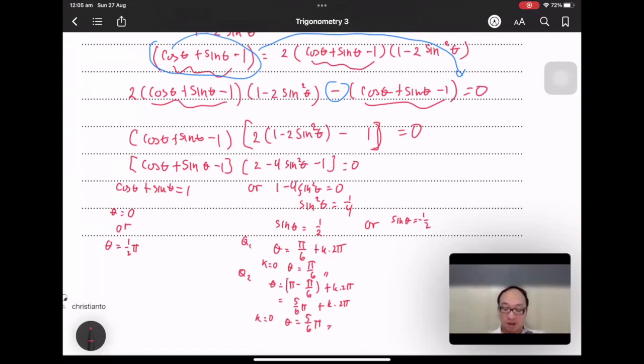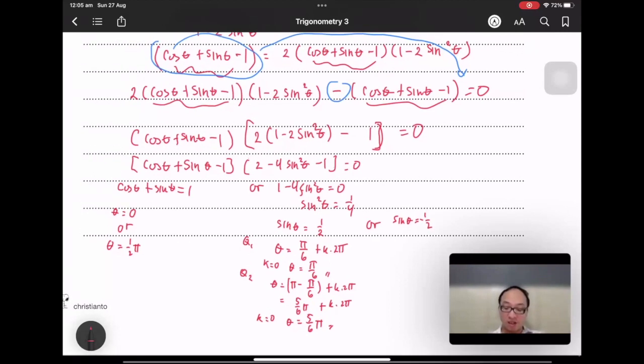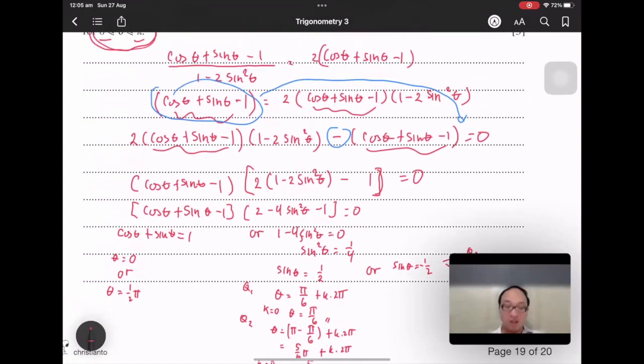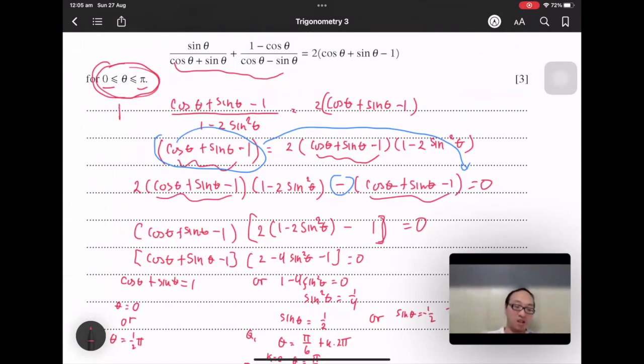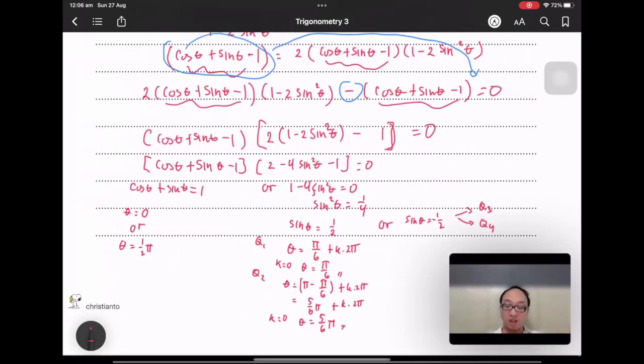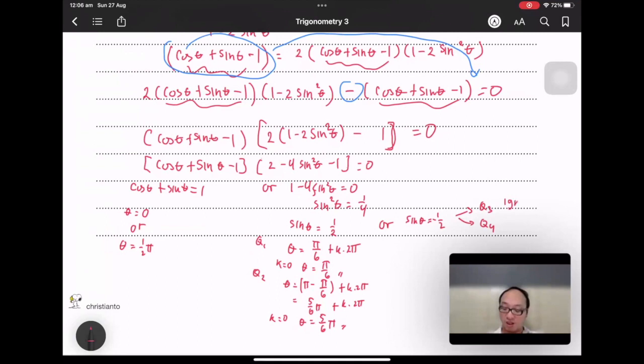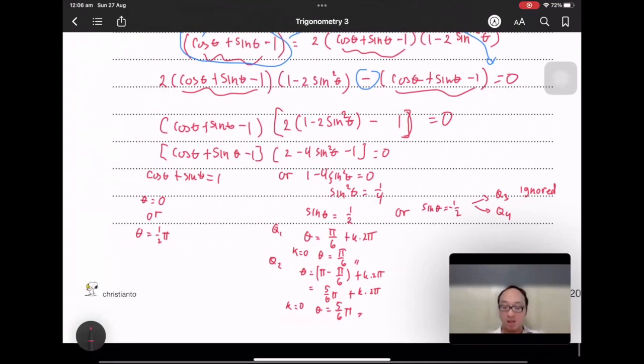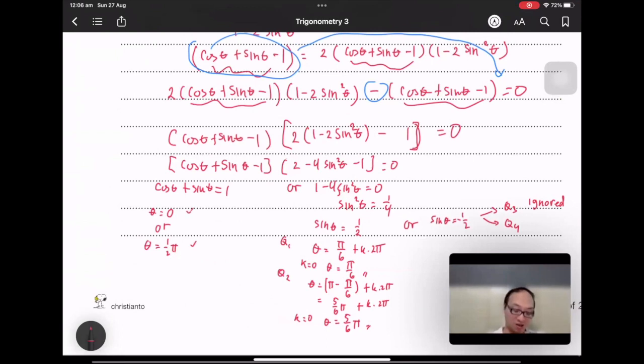For the next one, sine negative half. The answer should be in the third quadrant and fourth quadrant. Since the answer should be only between 0 and pi, we can ignore this. So the answers are 0, half pi, pi over 6, and 5 over 6 pi.